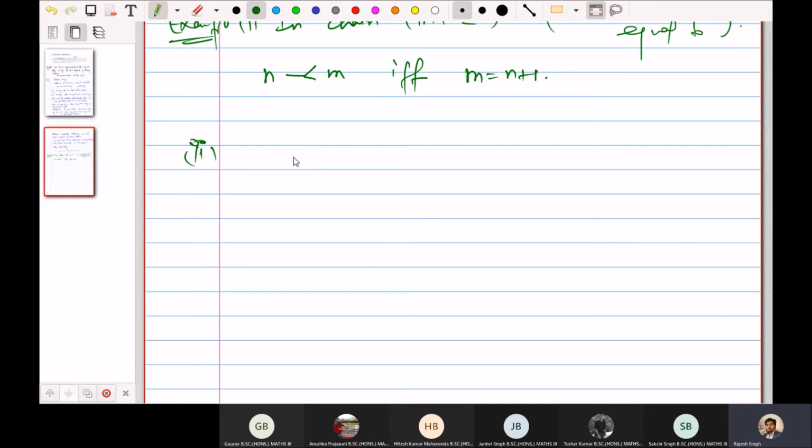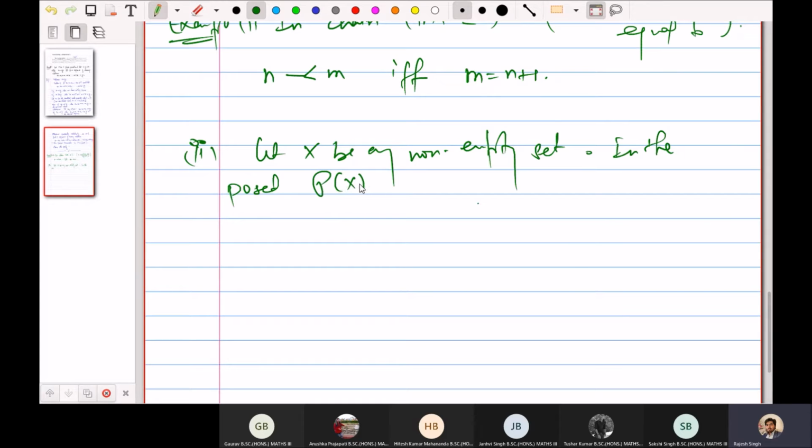Second, if I take a power set, let X be any non-empty set and in the poset P(X) with containment relation, A is covered by B if and only if, क्या कह सकते हो B के बारे में?